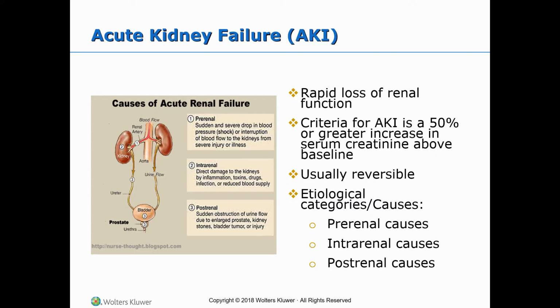Postrenal AKI is caused by any condition that obstructs the flow of urine, such as renal calculi, strictures, BPH or benign prostatic hyperplasia, tumors, and blood clots.